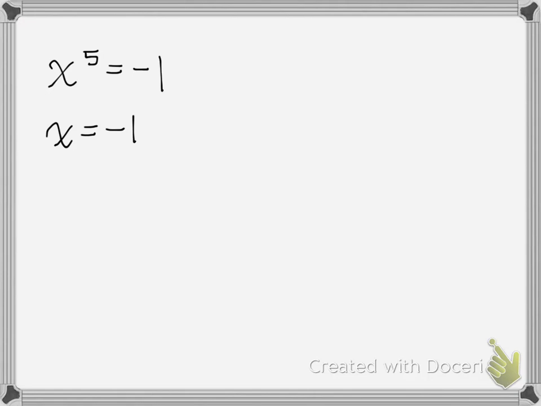But based upon what I just said, there are 4 other solutions, because this is x to the fifth. And the fundamental theorem of algebra says that there are going to be 5 solutions. And we're not going to do any of this double root, or in this case quadruple root business, to lie our way through it.